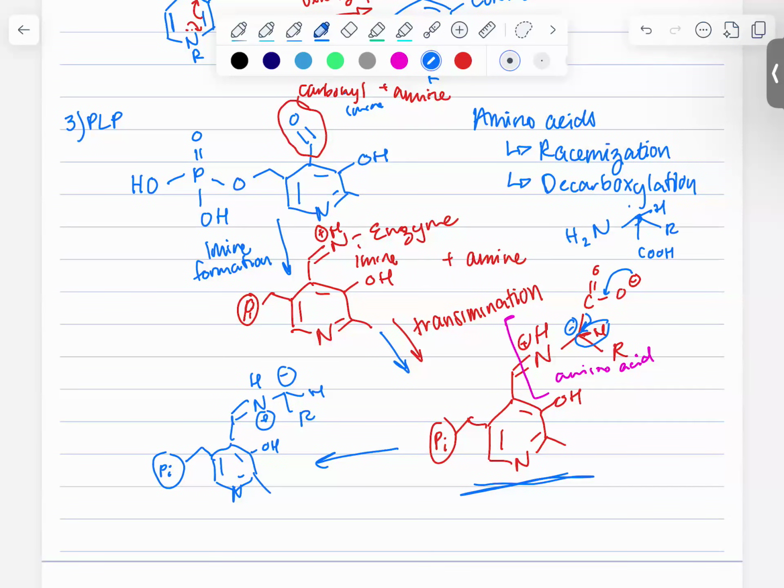And so we can draw out all of the resonance structures that show just how far that anion can be stabilized.